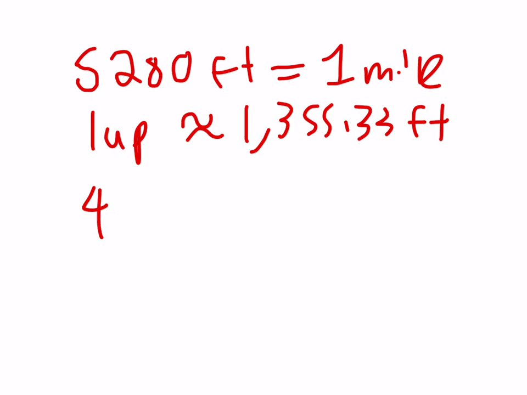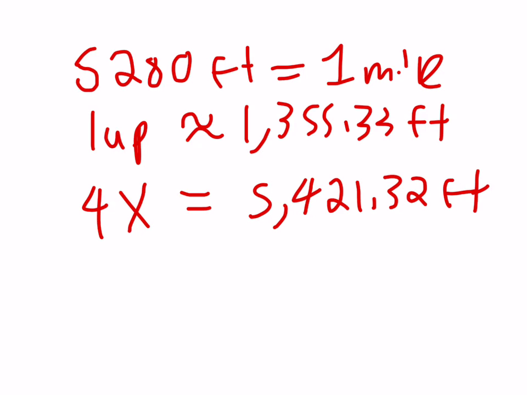If we multiply that by 4, that will give us a value of around 5,421.32 feet. Now those are pretty close values, but by running around the pool 4 times, it does go over a mile, just slightly, around 2.68% if you were to count the percent error.